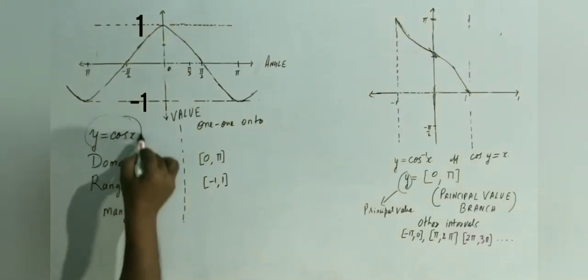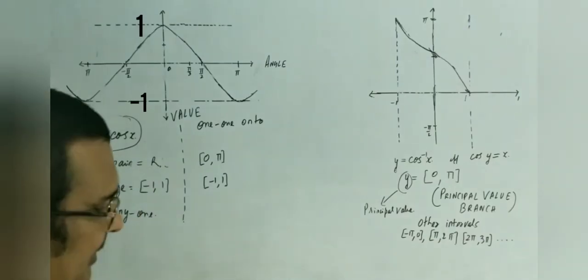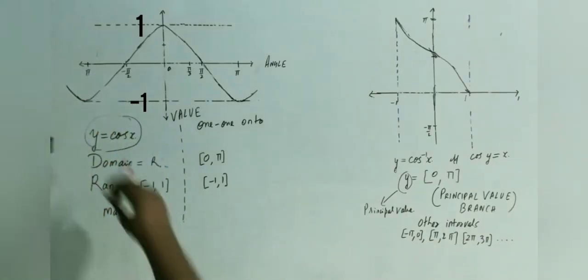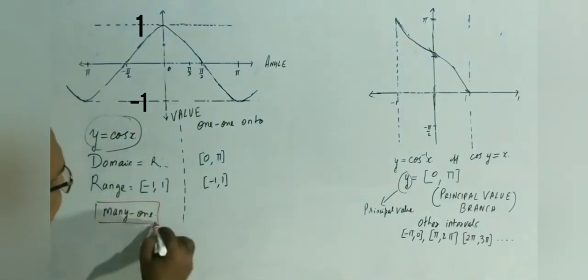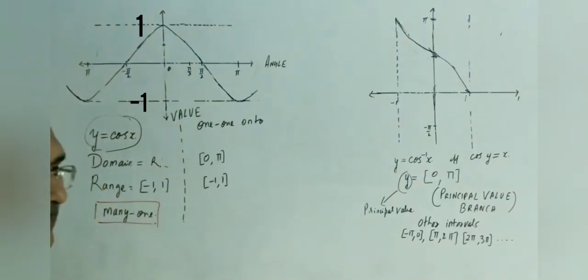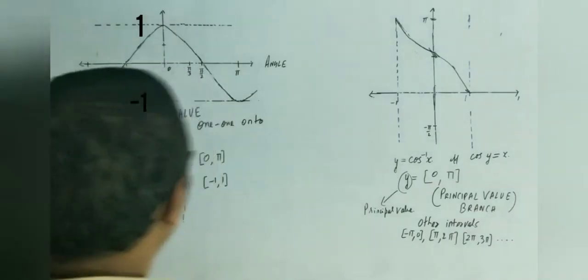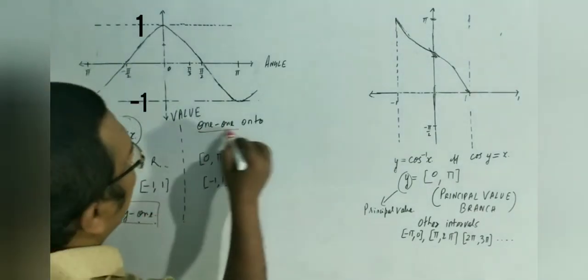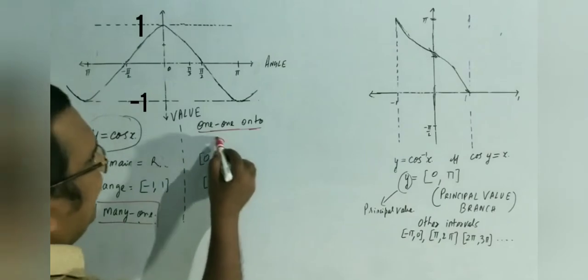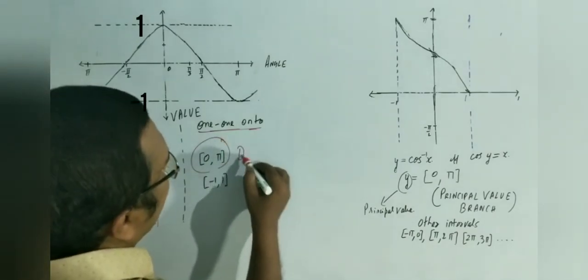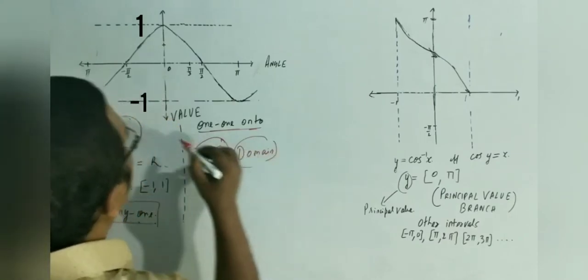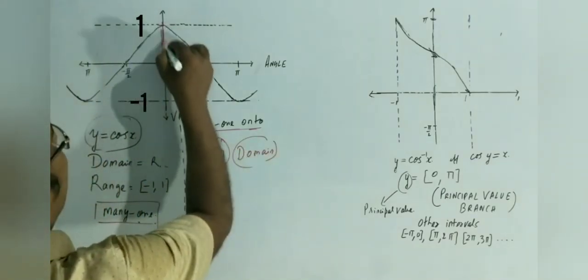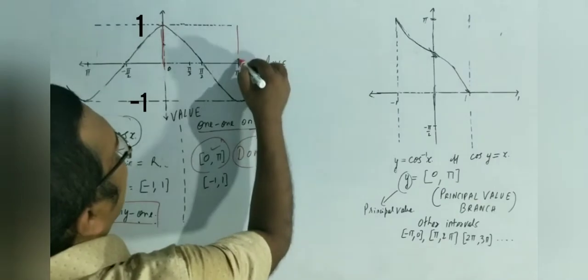So this is the graph of y is equal to cos x. Just like sin x, this is also like a wave, and it is a many one function. And a many one function cannot have an inverse. So to convert this to a one onto function, we have to restrict the domain. We restrict the domain from 0 to pi, this portion to this portion.